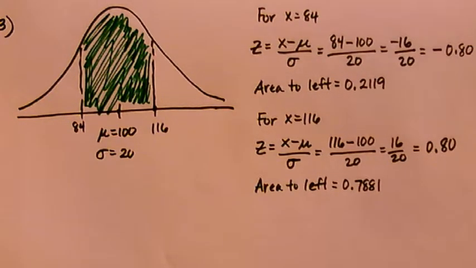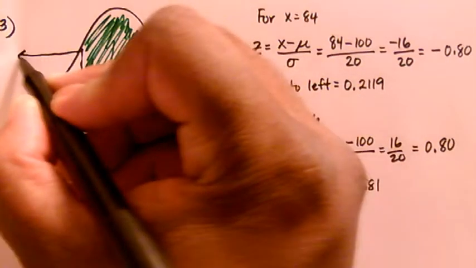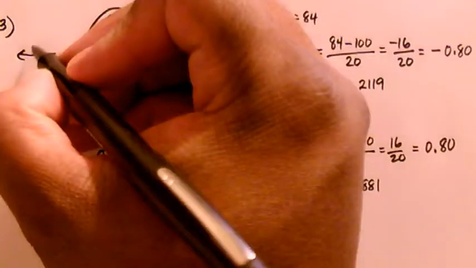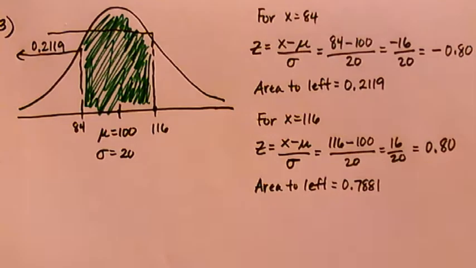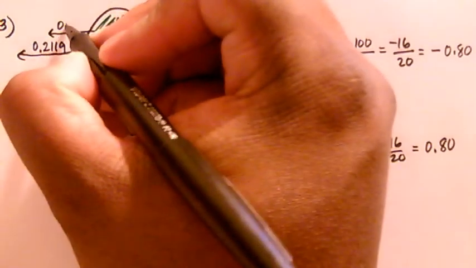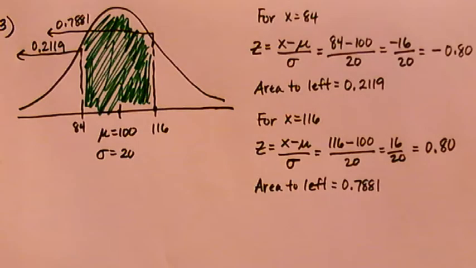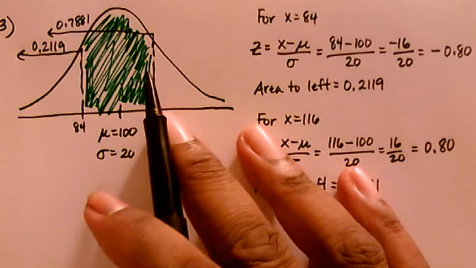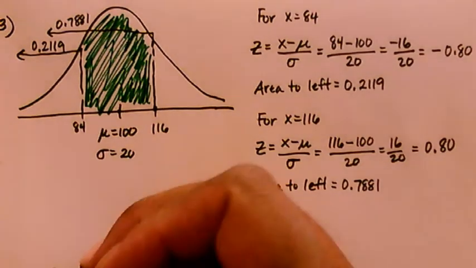Okay. So now let's look at what we already have here. The area to the left here is 0.2119. This area to the left is 0.7881. To get this area in between, which is this green shaded area, we need to subtract those two areas to find that probability.